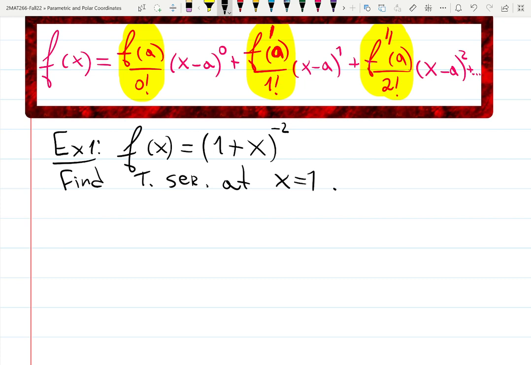I have a student I mentioned to you before who always writes down the formula right away. And I like it a lot because this makes you a habit. This is the function.